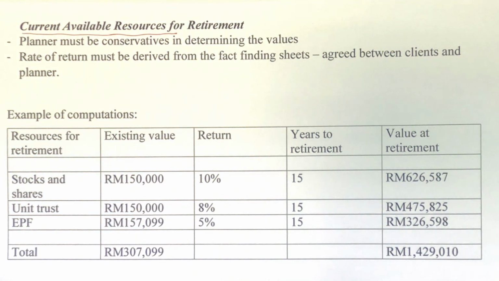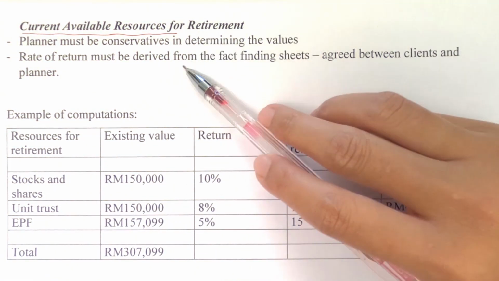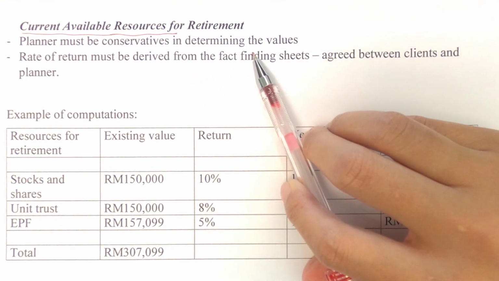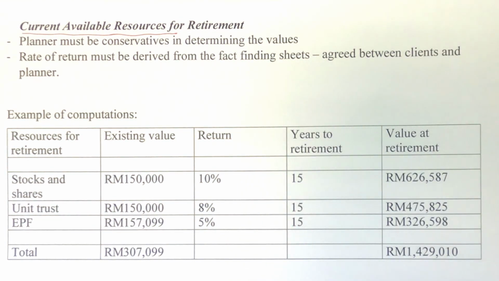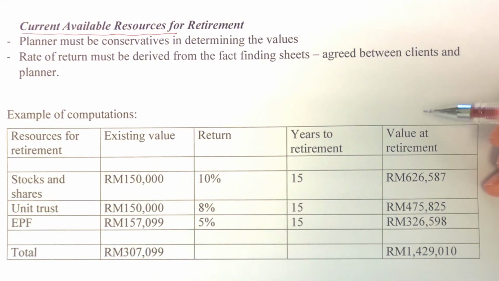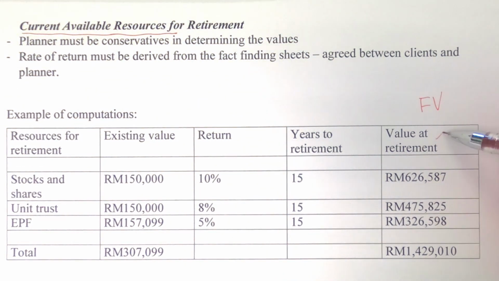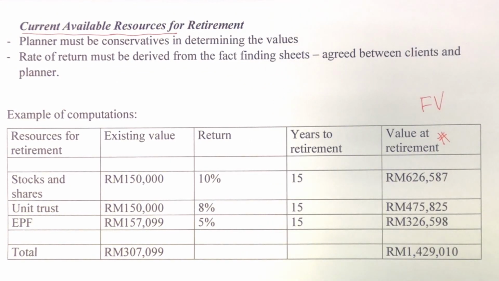Alright, so in this instance, planner must be conservative in determining the values. Okay, so once you want to calculate the value, because at the end of the calculation, we have to evaluate the value using the future value by taking into account the value at the retirement.